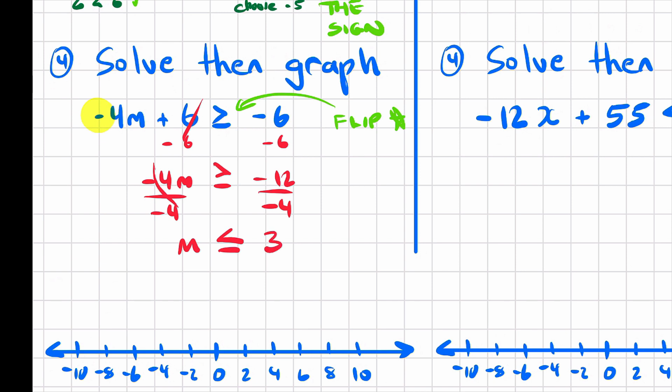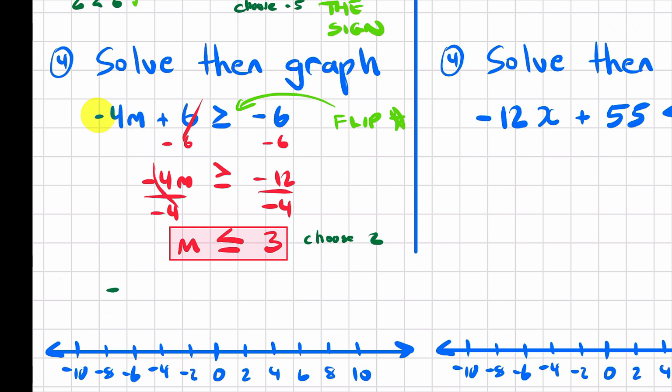So let's just verify first. So to verify, I need to choose a number to substitute for m that is less than or equal to 3. So I will choose, in this case, 2. So I will choose 2 to verify.